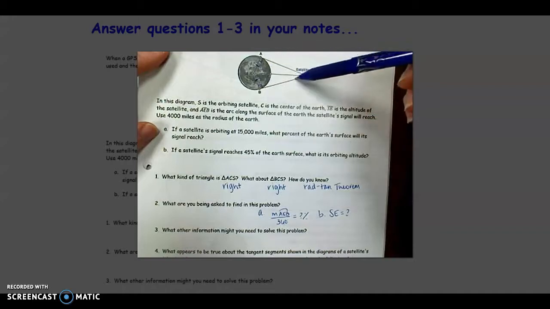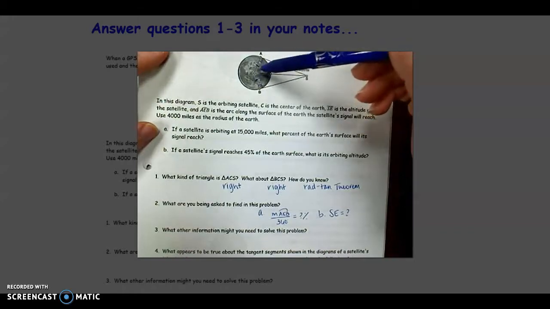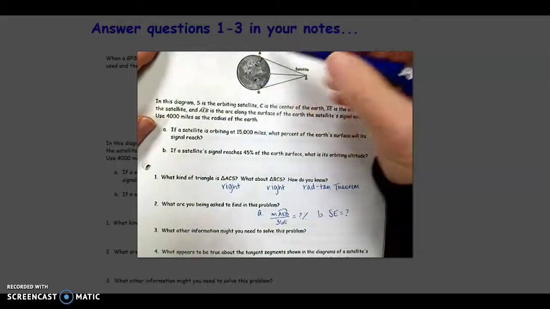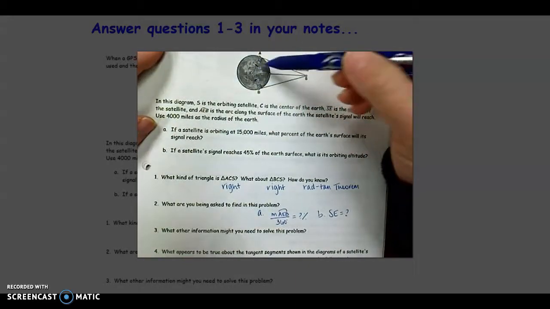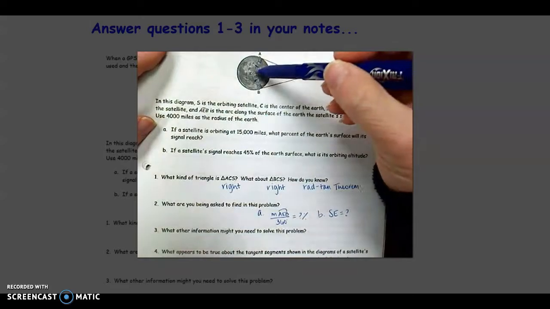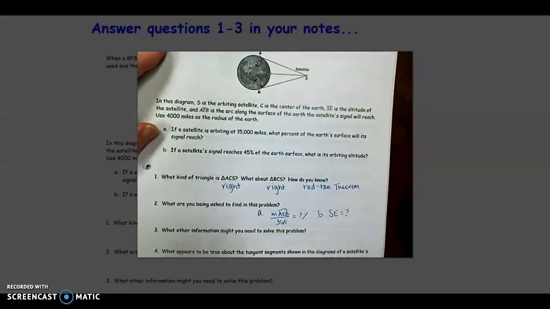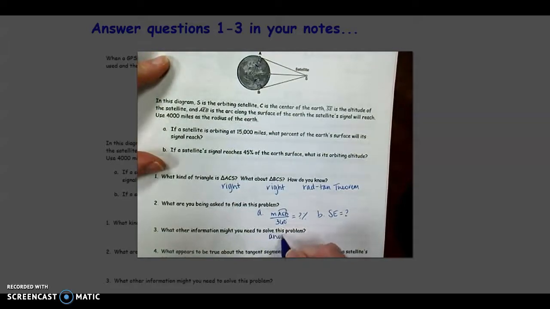I need one pair of angle measures, another pair. I know the 90 degrees, but I have to know one of the others so that I know this angle measure, which means I know this arc, which means I could add them together to find the total measure of arc AEB. So I need another angle measure.